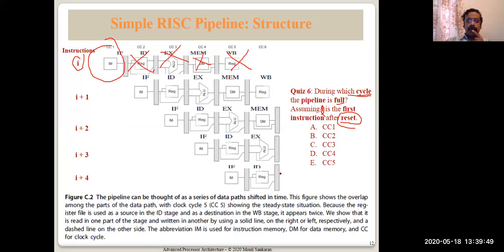Only 6 responded, but all of them are correct. Let me not wait for long because we are losing time waiting for the poll. So let me share the result.